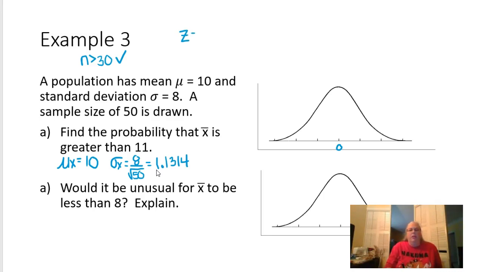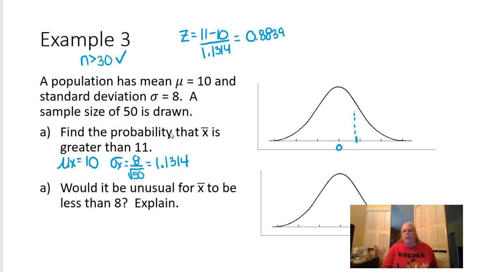Z is equal to 11 minus 10 divided by our standard deviation 1.1314. Let me do that in my calculator. And this is giving me 0.8839. So we're not going to quite go all the way out here to 1. We're going to go just shy of it.